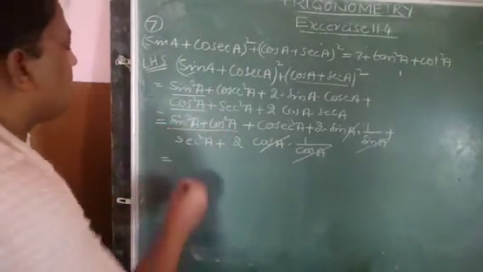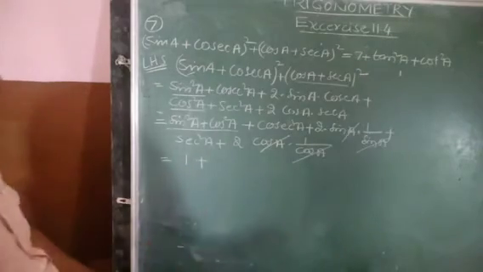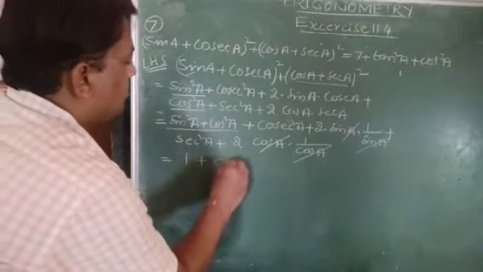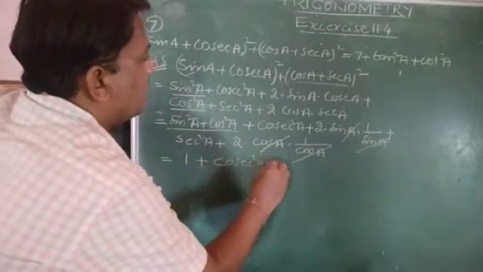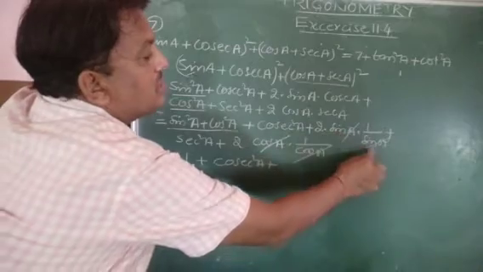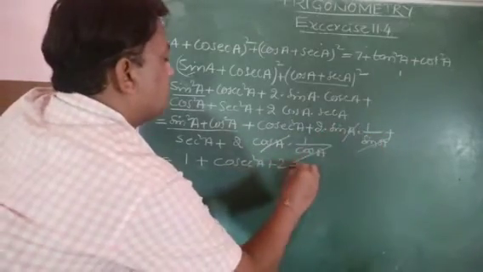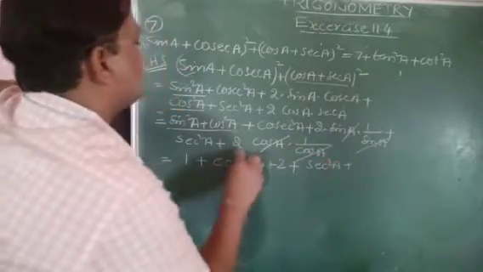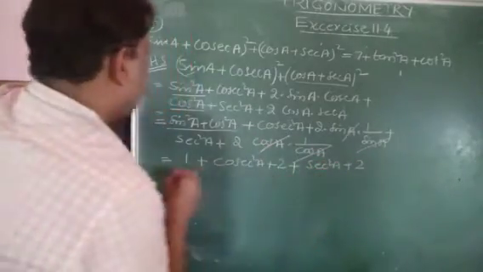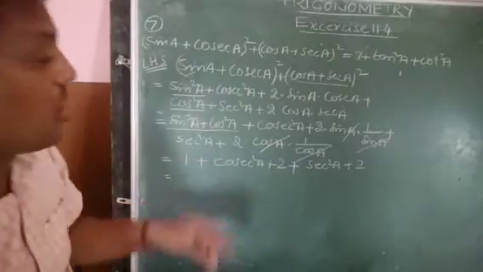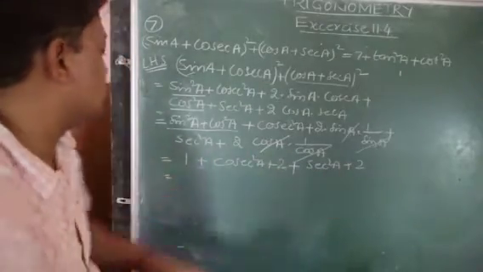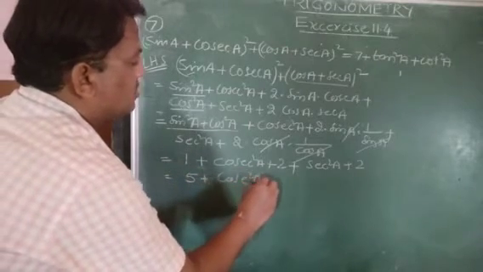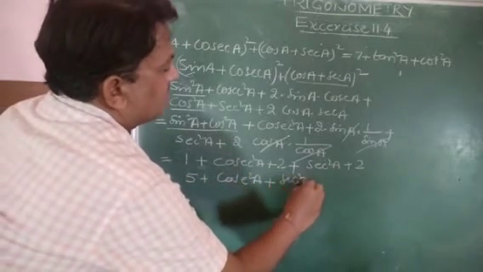Sin square A plus cos square A I can write as 1, plus cosec square A, plus 2 into 1, that is 2, plus sec square A plus 2 into 1, that is 2. Now children, it became very short. So 1 plus 2 plus 2, how much children? 5 plus cosec square A plus sec square A.